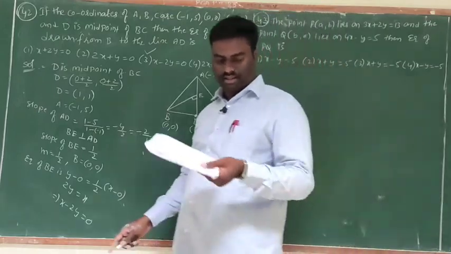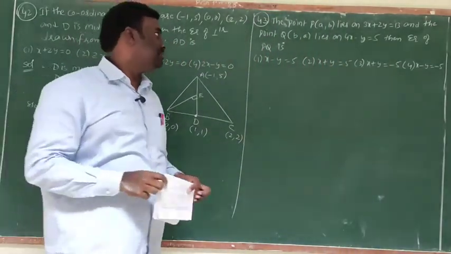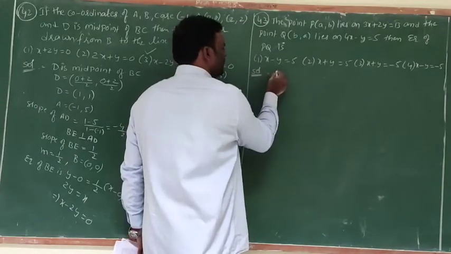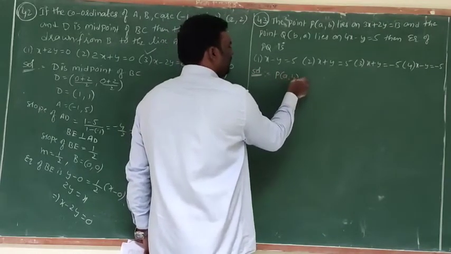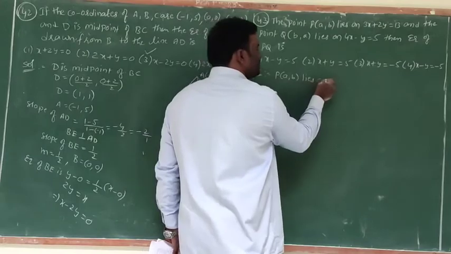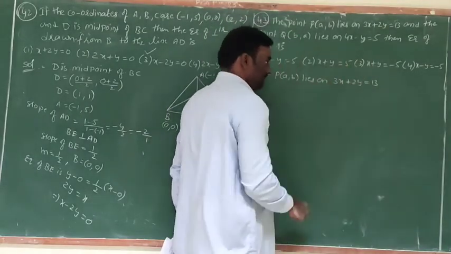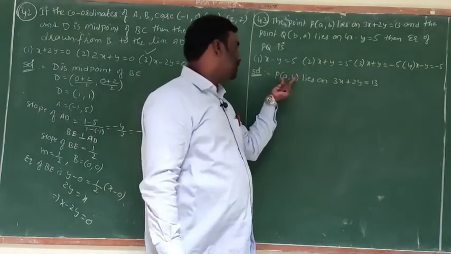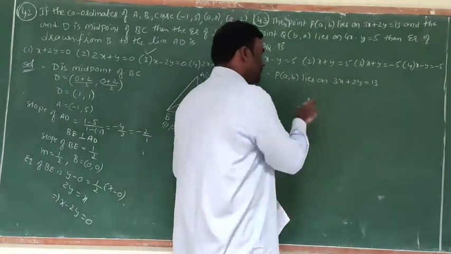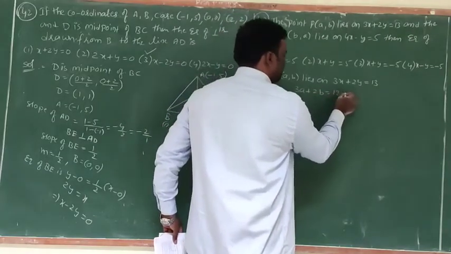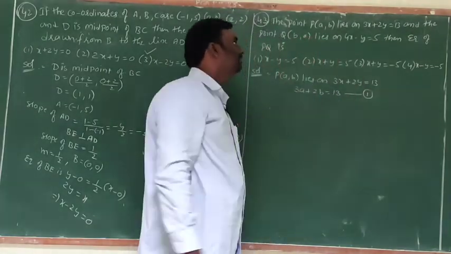Okay, listen how to do this. Simple. P (a, b) lies on 3x plus 2y equals 13. Then substitute this point in this equation, then what will we get? 3a plus 2b equals 13, that is equation 1.